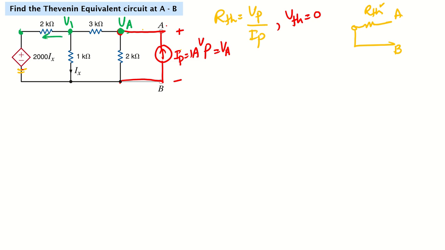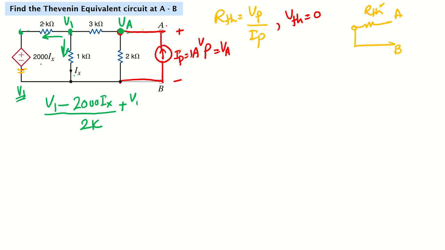All currents leaving, right? So this current is leaving. What will that be? V1 minus the voltage drop here, which is 2000 of Ix, divided by 2K, plus this current leaving, that is Ix.